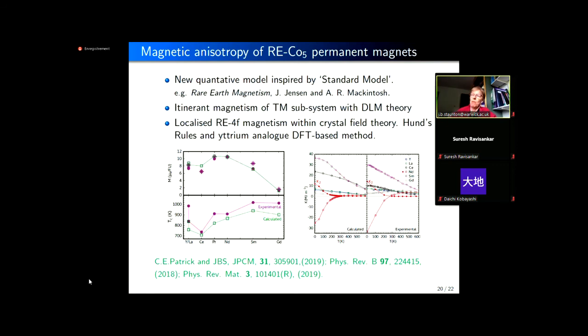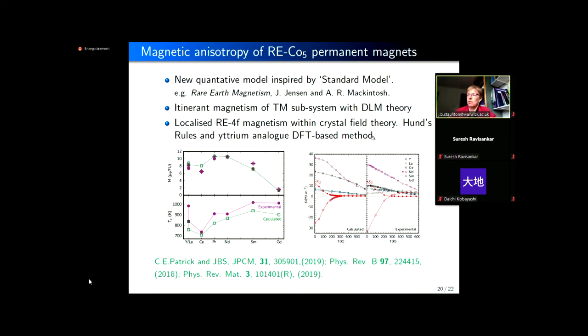So remember, way back at the beginning of the talk, I talked about the crystal field effects and the dominant contribution to the anisotropy for a material with a rare earth. So what we need then is a very accurate description of the charge density surrounding the rare earth.